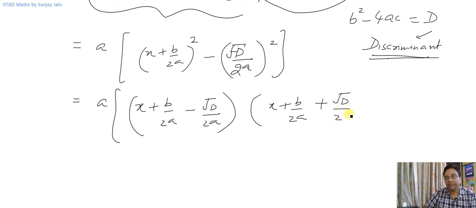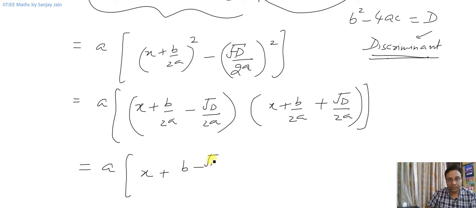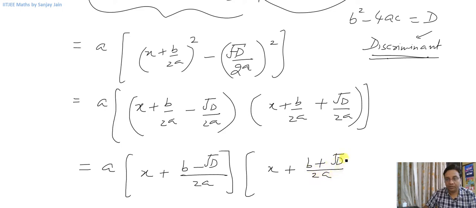Now if I further simplify it, I can write it as x plus b minus root D by 2a, and this other bracket can be written as x plus b plus root D by 2a.